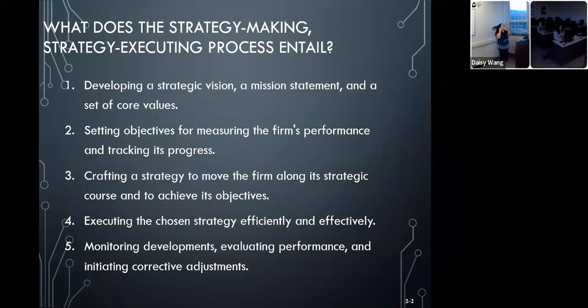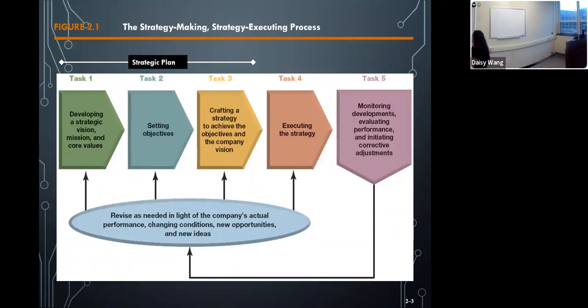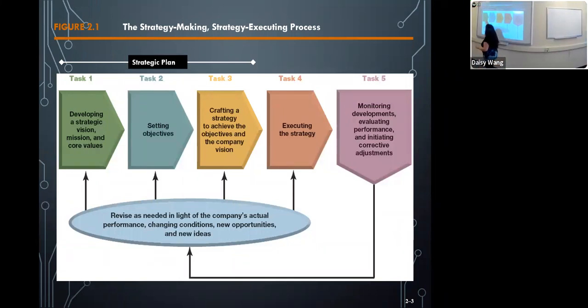First we have to have a strategic plan, and the strategic plan has the vision and mission, and then the core values, and mostly the company's culture, stuff like that. After we set the strategic plan, we are going to set our objectives.